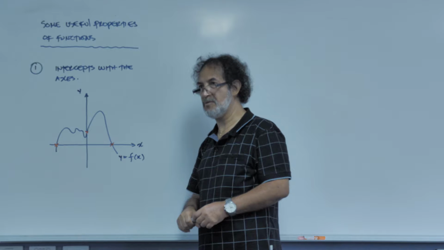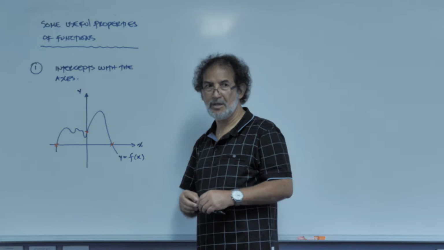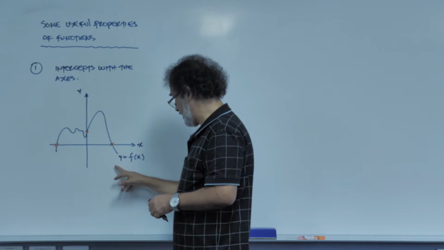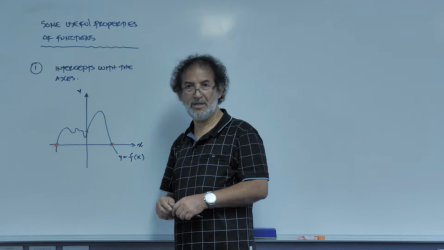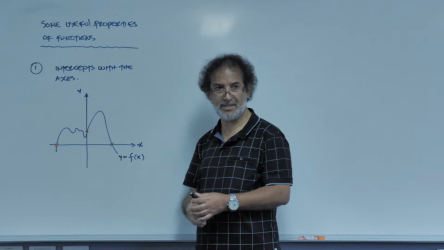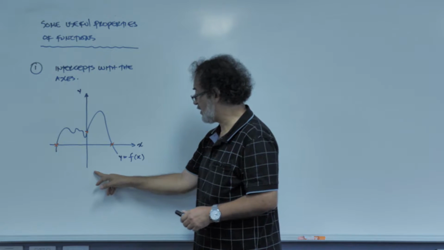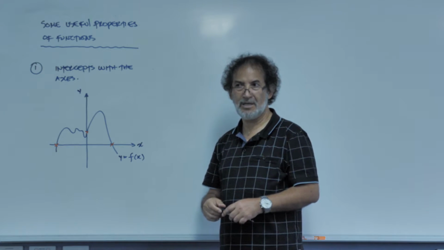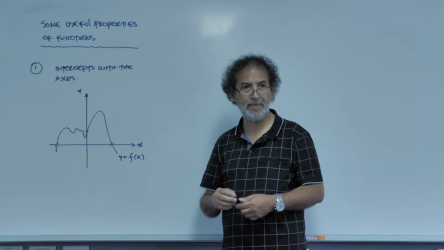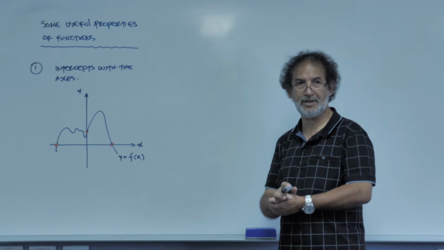In fact, sometimes we cannot do it. We use just approximation. When you graph a function, it is highly desirable to find the intercept with the axis. Finding the intercept with the y-axis is very much possible all the time, but finding the intercept with the x-axis is sometimes really hard.